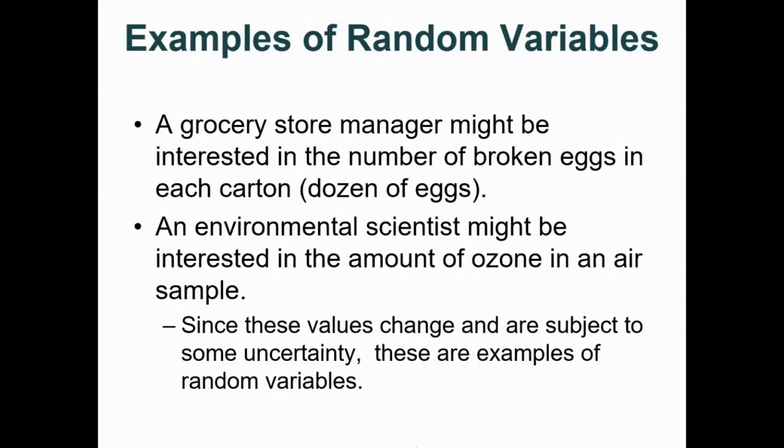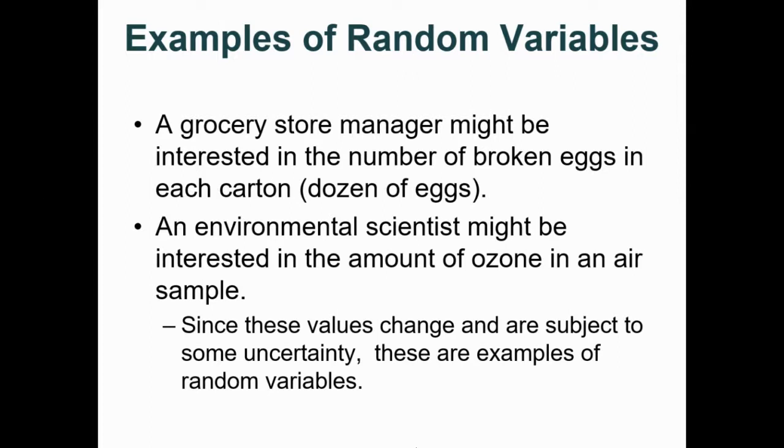So examples of random variables might be a grocery store manager looking at how many broken eggs he has in a carton, or an environmental scientist wanting to find out the amount of ozone in an air sample.